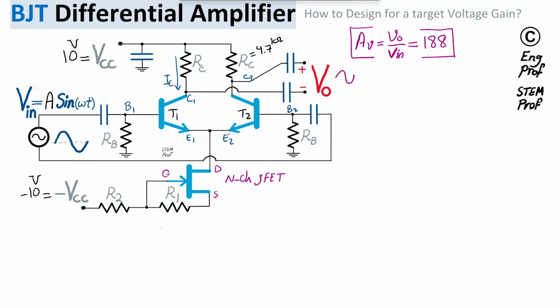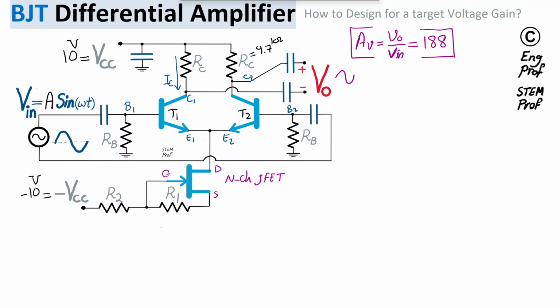The Vin is effectively applied between the base of the two transistors, using the decoupling caps that decouple the AC signal from the DC bias value that is going to be present at the base of the BJT transistors.